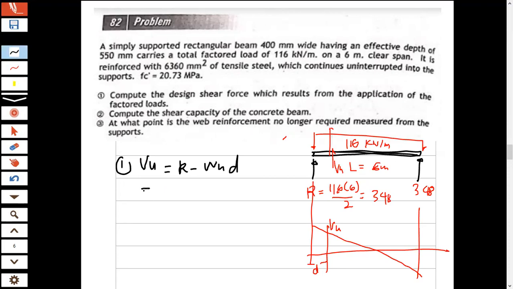So VU is equal to R, 348 kilonewton minus WU, 116 kilonewton per meter, times d. Anong d? Effective depth of 550 or 0.55 meter para consistent tayo sa unit. So you have 284.2 kilonewton.